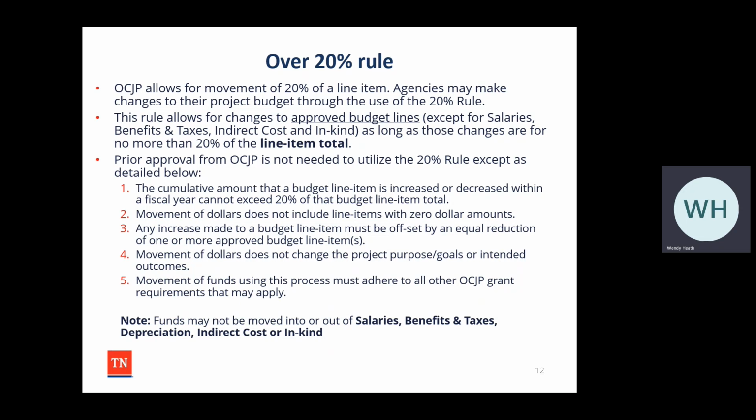And movement of dollars does not change the project purpose, goals, or intended outcomes. Very, very important: if you're trying to use this 20% rule and it changes anything within your project scope, then you need to reach out to your program manager and discuss. Movement of funds using this process must adhere to all other OCJP grant requirements that may apply.